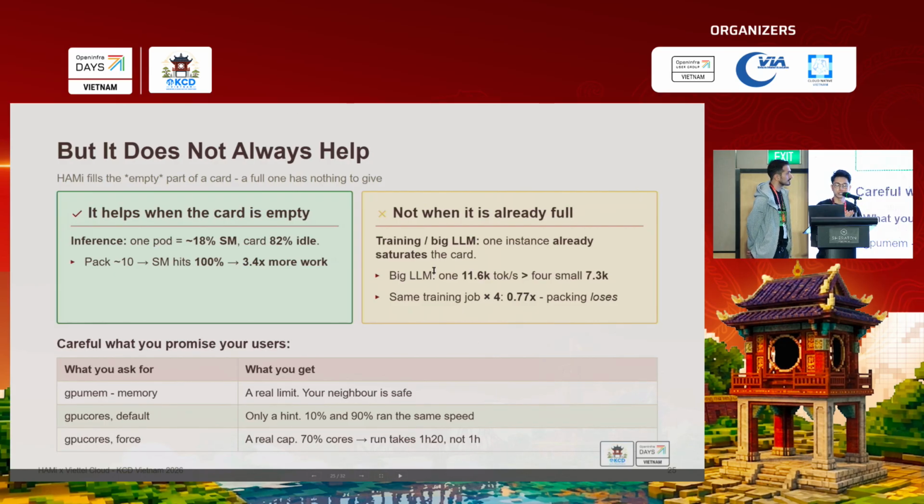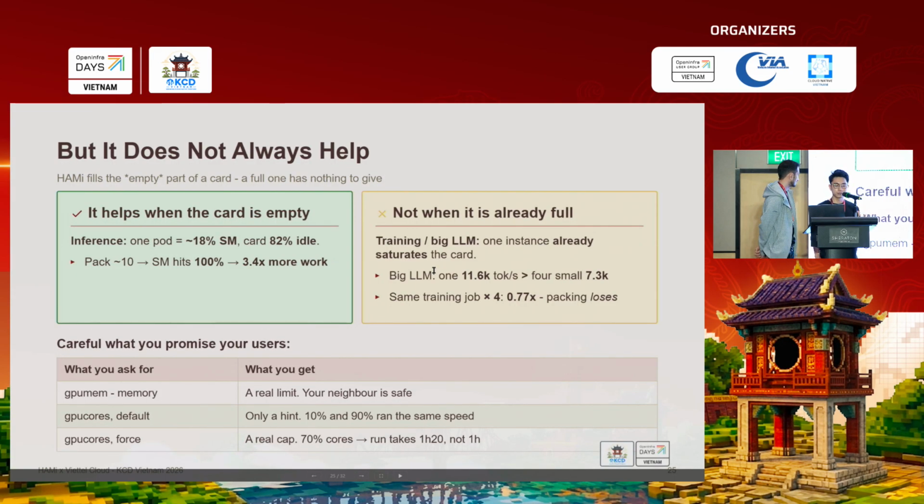With the big LLM, we measured that with one replica it gets about 12K tokens per second. But with the small one on the same card, we only get about 7K with the same training job, even with the packing. When we scale up to 4 replicas, it is the same. So with HAMi, be careful what you promise the user.